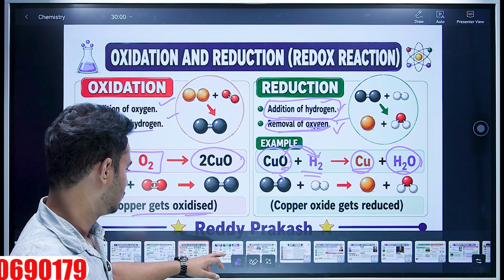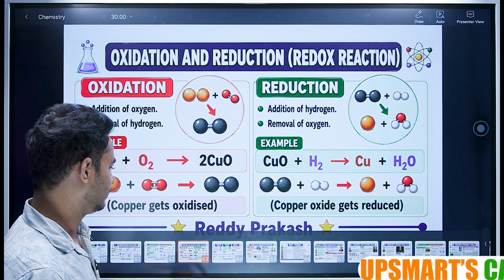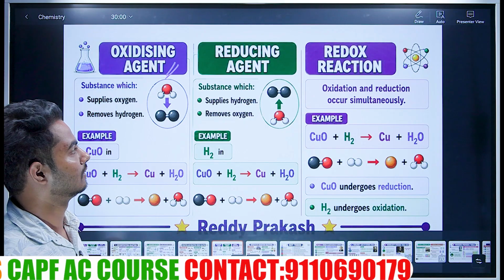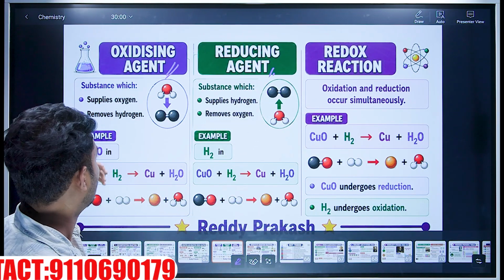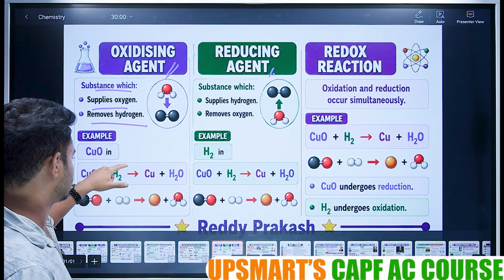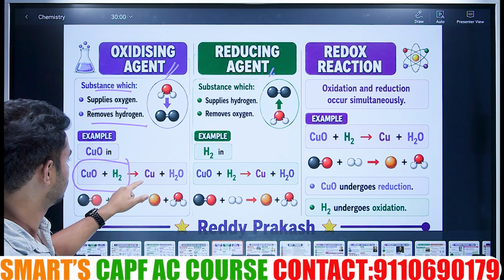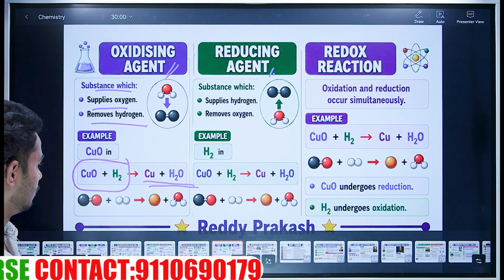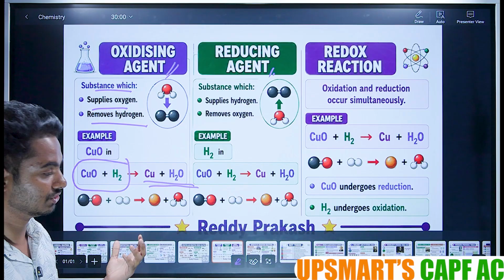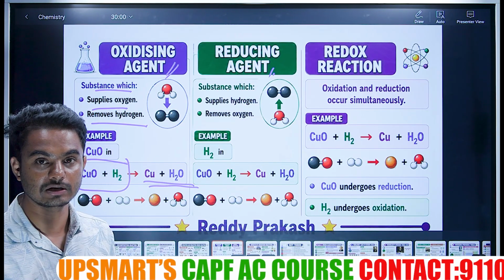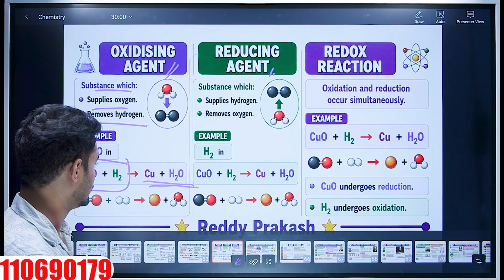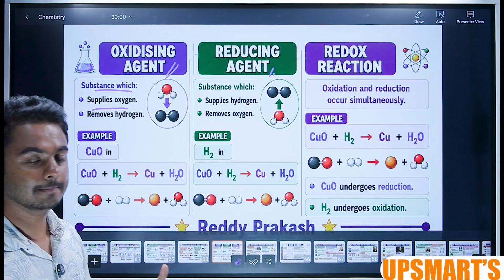Now we'll understand what a reducing agent is and what a redox reaction is. Oxidizing agents are oxidizers; reducing agents are reductants. Oxidizing agents are substances which supply oxygen or remove hydrogen. In this reaction, CuO plus H2, which is the oxidizing agent? To be an oxidizing agent, it should either add oxygen or remove hydrogen.